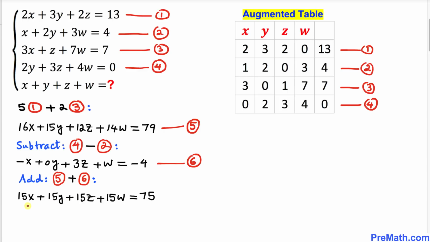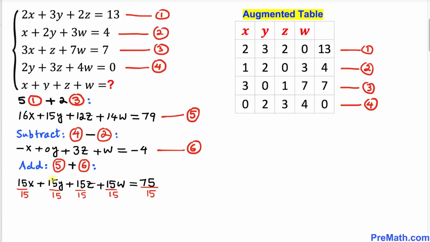Now we can see that this equation is divisible by 15 across the board. So I am going to divide each and every term by 15. These 15s all cancel out.